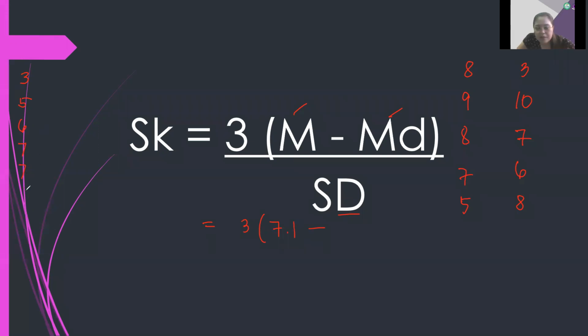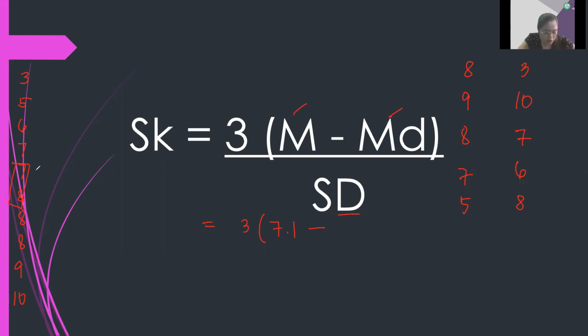Pasabihan ako if meron akong nakaligtaan. This one is 8, tatlo. And then 9, 10. Tama ba? 1, 2, 3, 4, 5, 6, 7, 8, 9, 10. And then, this will be the center, right? So, 7 plus 8.